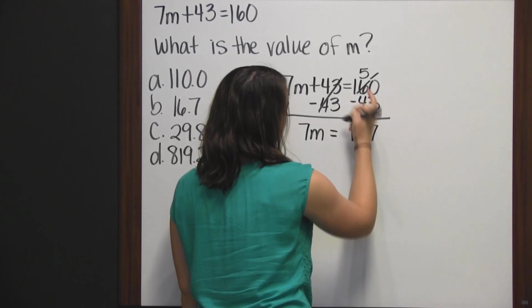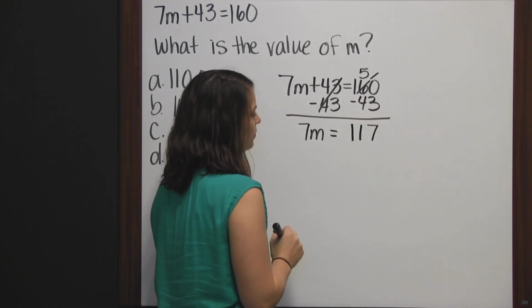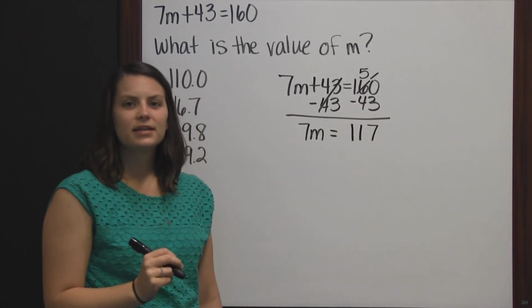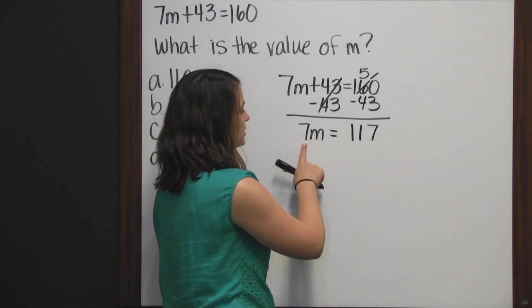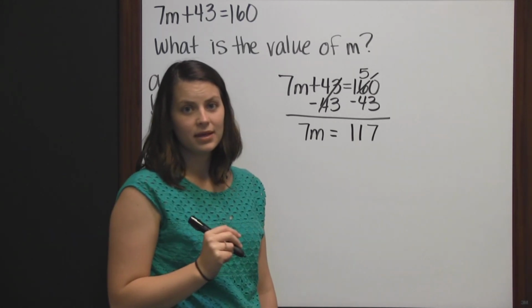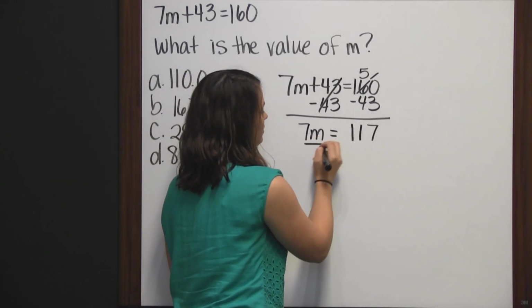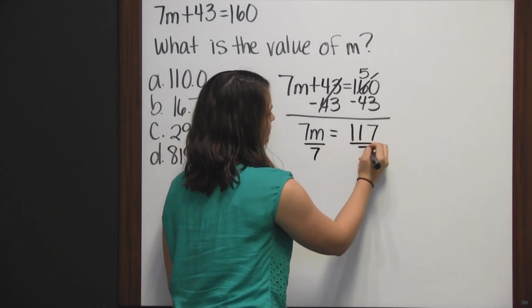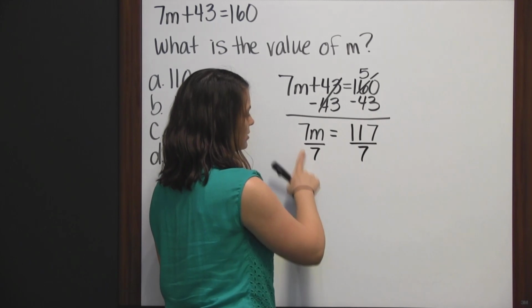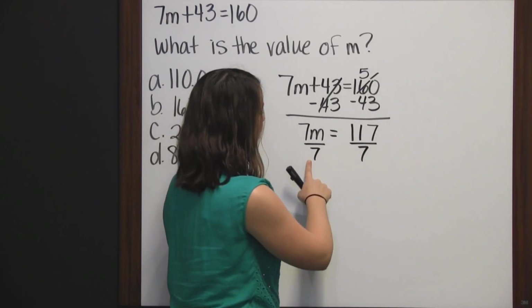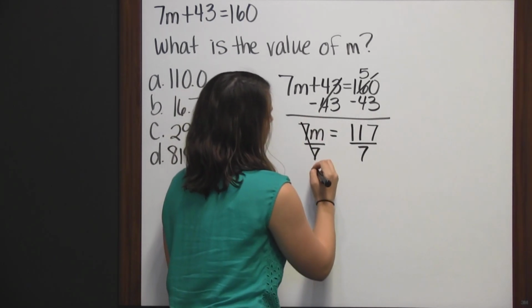And I bring down my 1, because 1 minus 0 is 1. So 117. Now I have to undo this 7 times m, and the opposite of multiplying times 7 is dividing by 7. 7 divided by 7 is 1, and 1 times m is m.